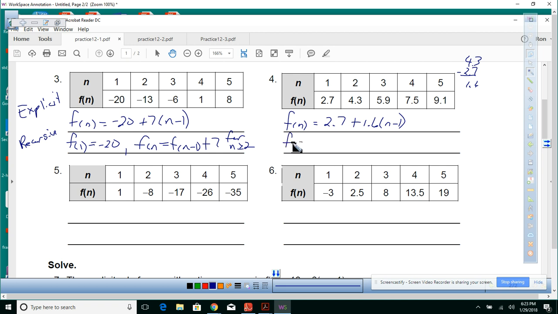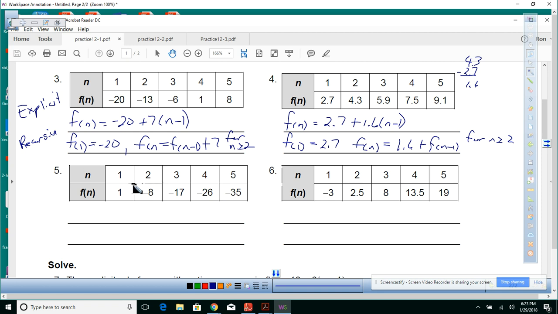And recursive would be f of 1 is 2.7. f of n would be 1.6 plus f of n minus 1. Notice I'm swapping back and forth. That's okay. For n is greater than or equal to 2.